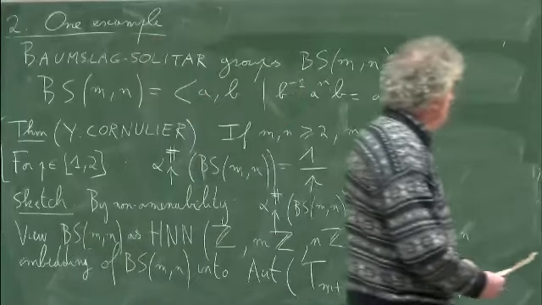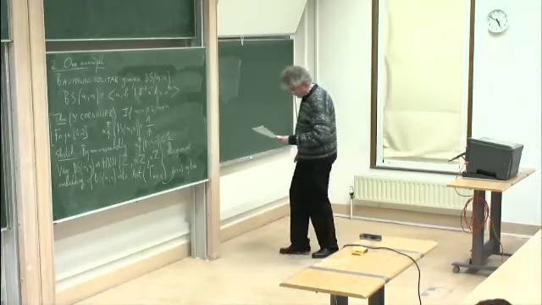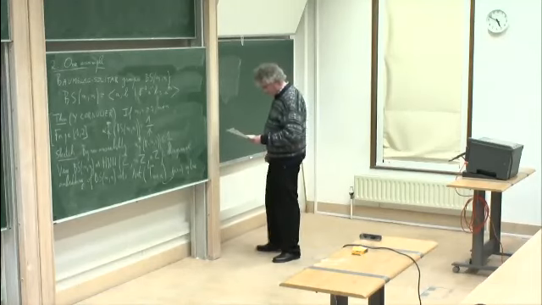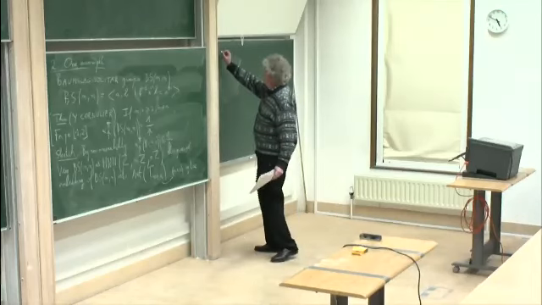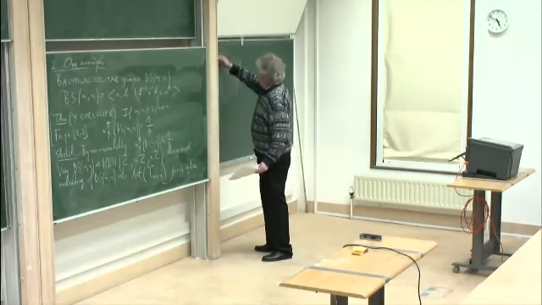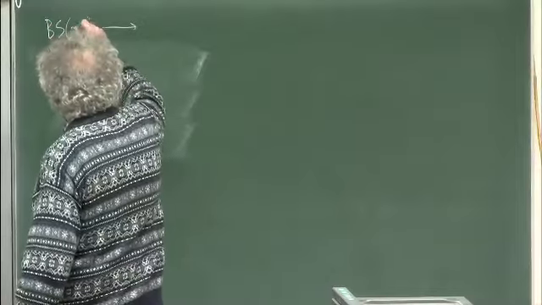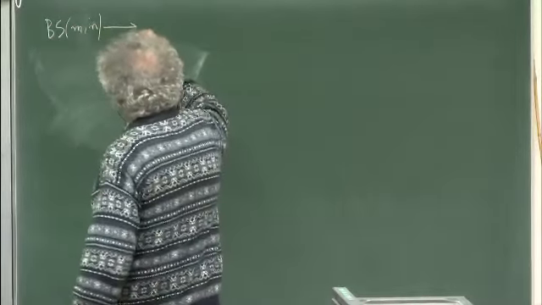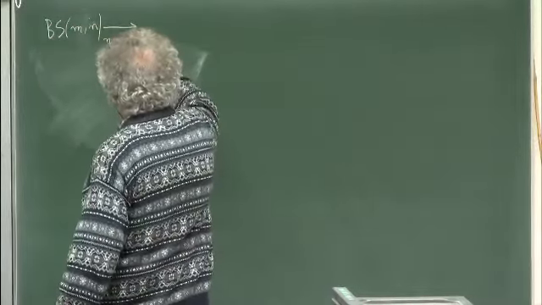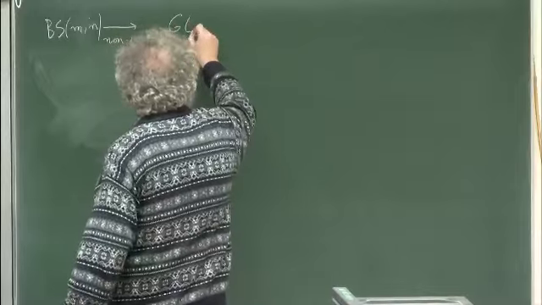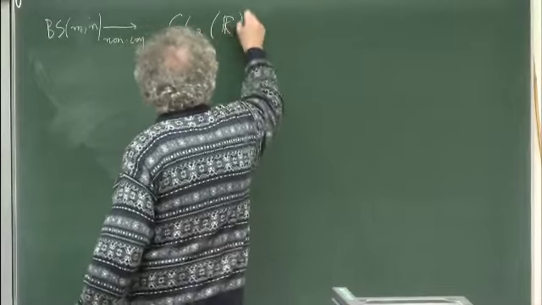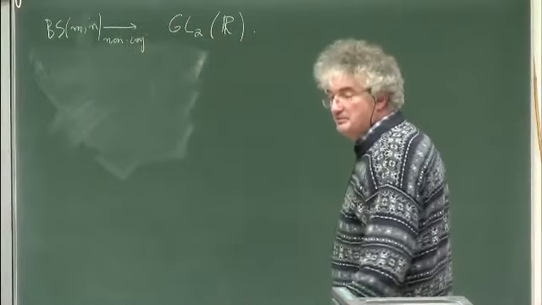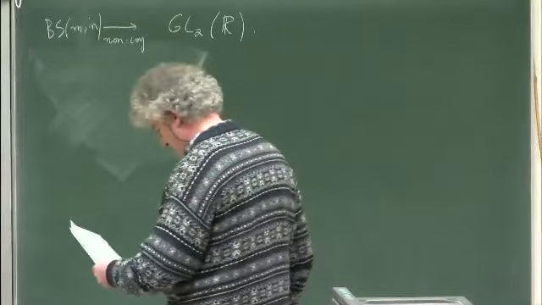And so to make it discrete, you need a trick, which is to map BS(m,n) non-injectively to GL_2(R), so 2 by 2 matrices with a non-zero determinant.